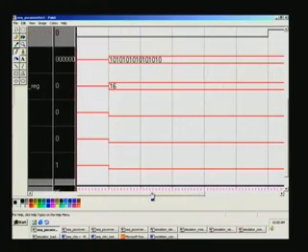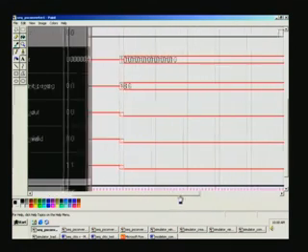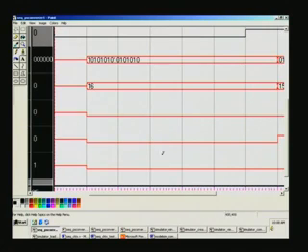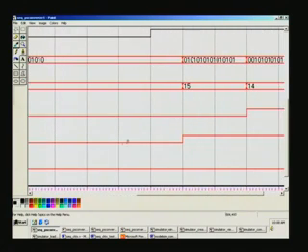So this is the shift register, this is the counter, and data out, data valid and end of conversion respectively here. All of them are 0, and right here you get the very first bit, and the next bit is 1, and that is what is here.